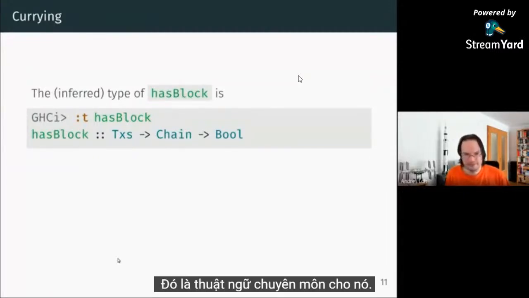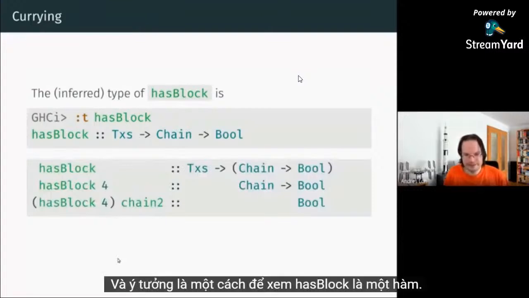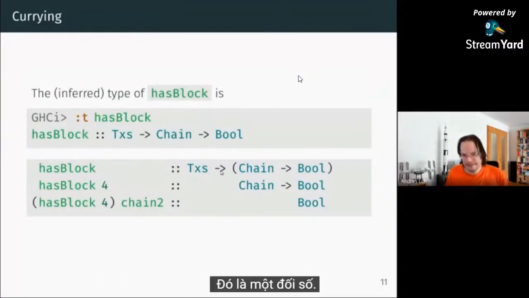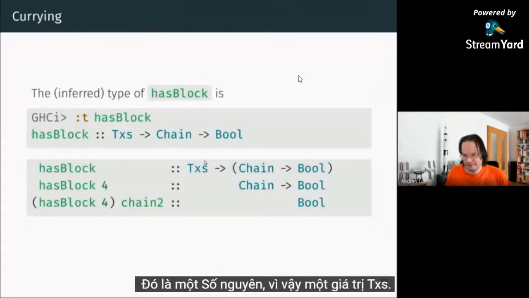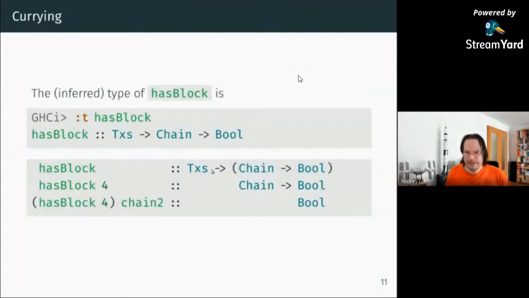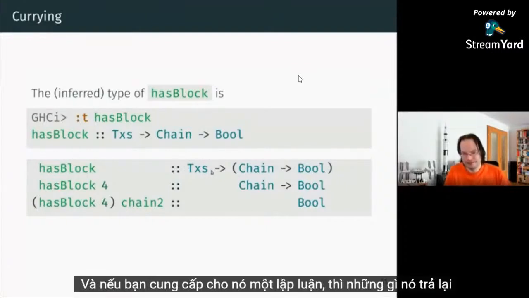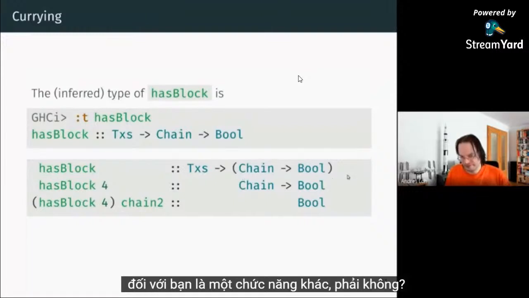That's the technical term for it. And the idea is that one way to look at Has block is as a function that takes one argument that is an integer, so a TXS value, right? And if you supply it with the argument, then what it gives back to you is another function, right?